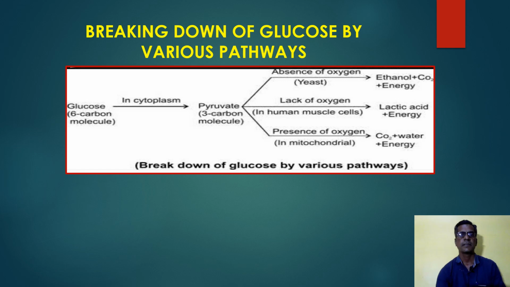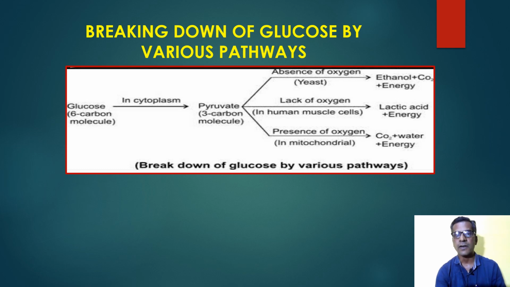Dear students, in the class 10 science textbook, you have this diagram. The heading is breaking down of glucose by various pathways. Here, see the glucose converting into the pyruvate molecule in the cytoplasm. In the absence of oxygen, the pyruvate produces ethanol, carbon dioxide, and energy.